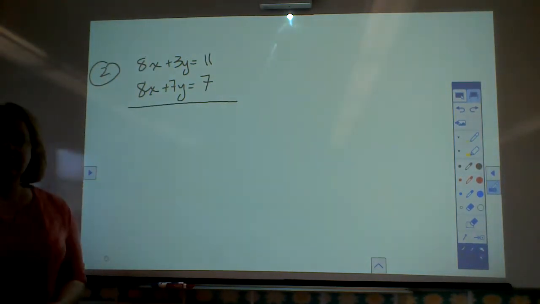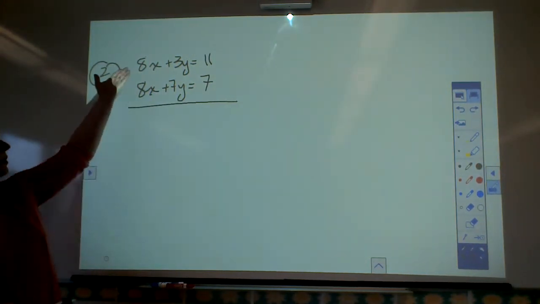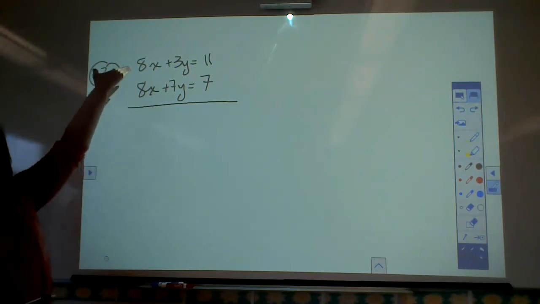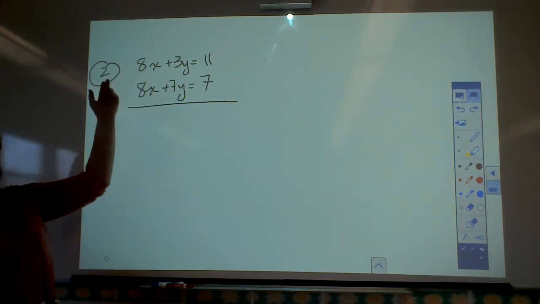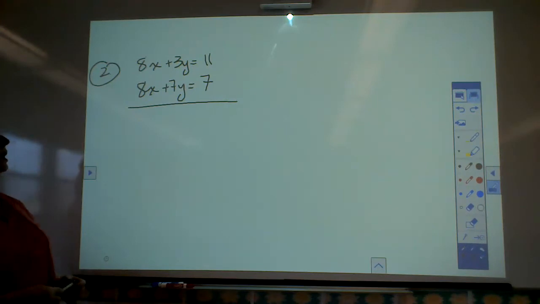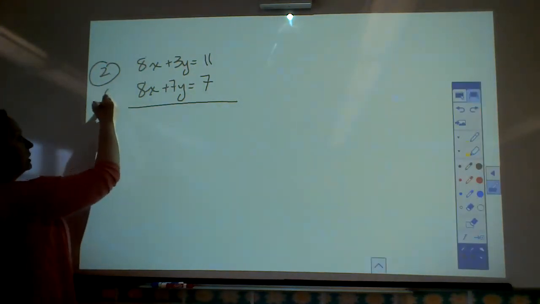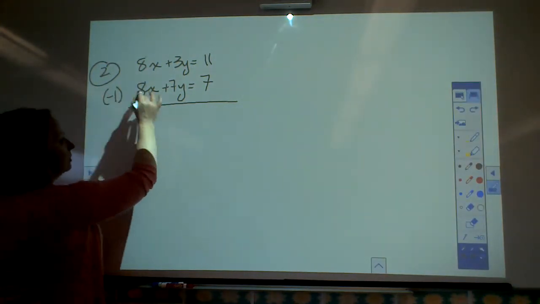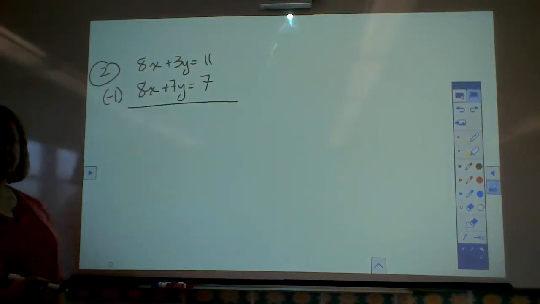All right, anything there that you notice? Well, the 8x's, they're the same term. One of them needs to become opposite, so I'm just going to string a -1 through all those terms, okay?